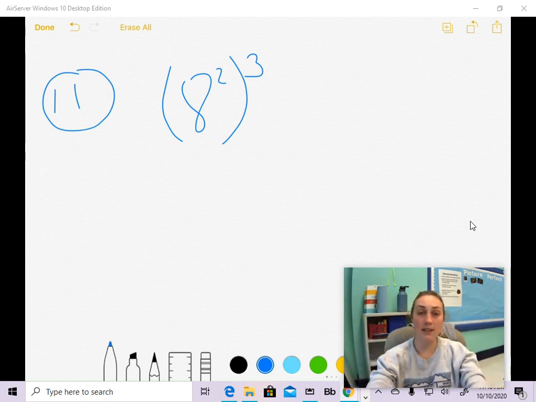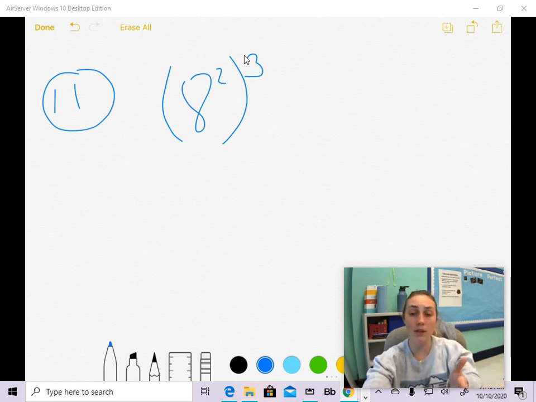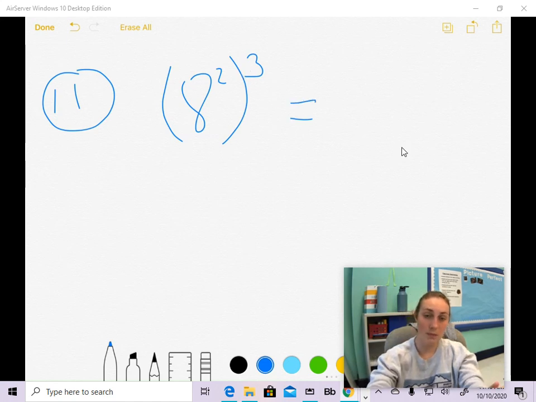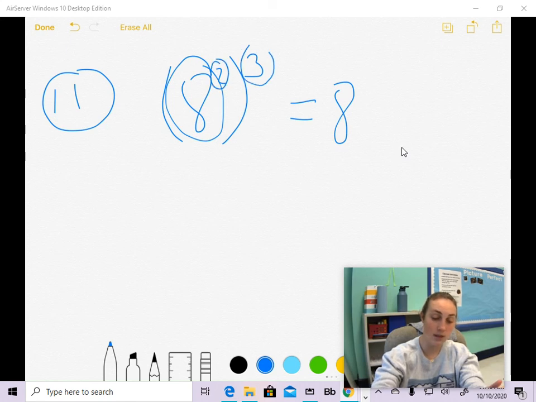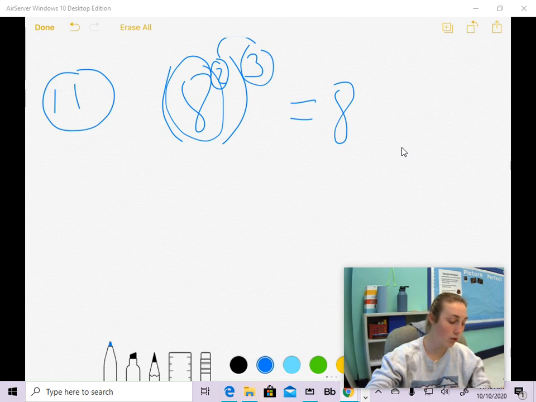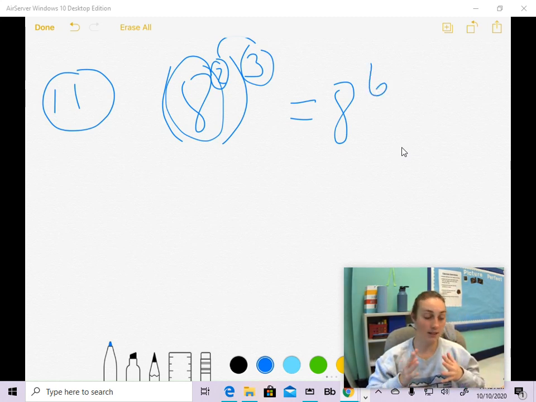But if you see this right here, it's going to be multiplying it. When you're raising a power, that's multiplying it, okay? So in this particular case, the 8 is going to stay the same, but the 2 and the 3, they're multiplying, okay? So 3 times 2 is going to end up being 6. So it would be 8 to the 6th power, okay?